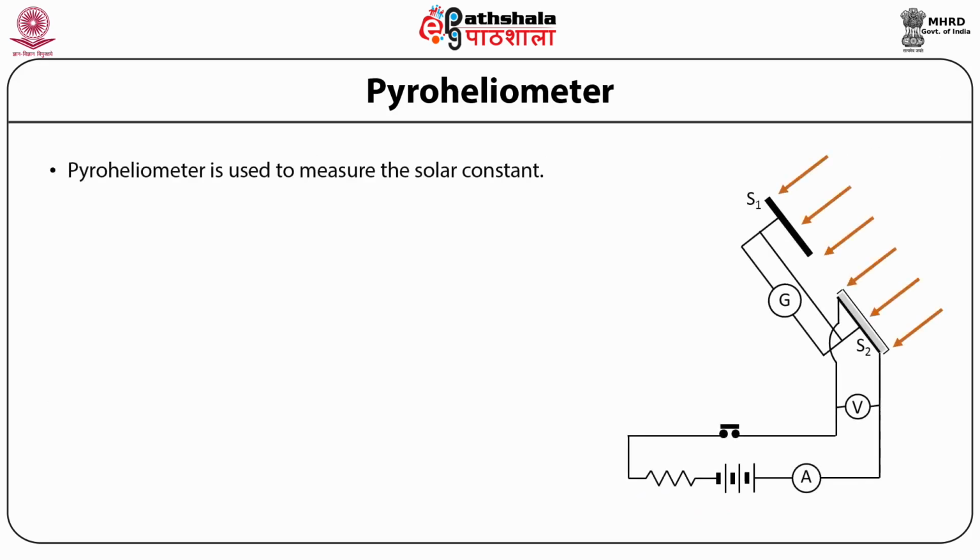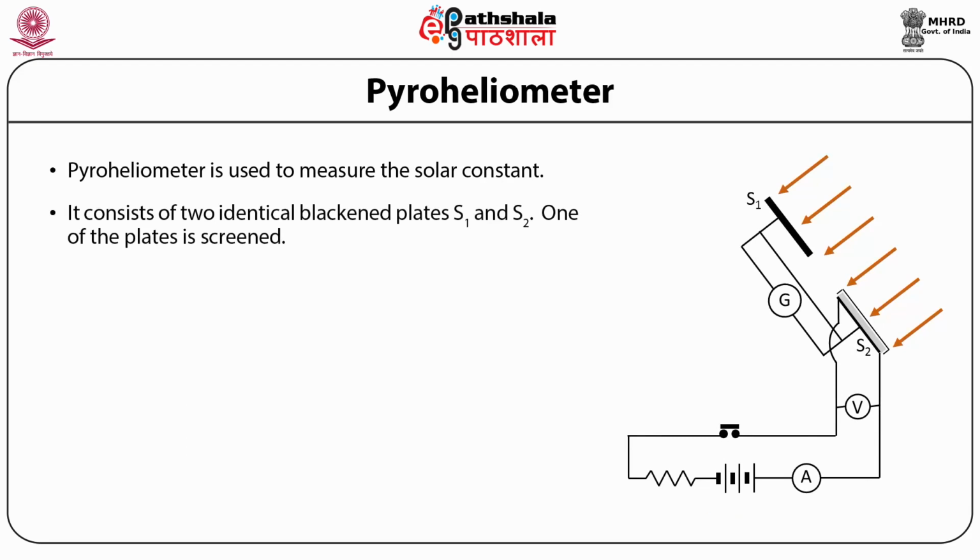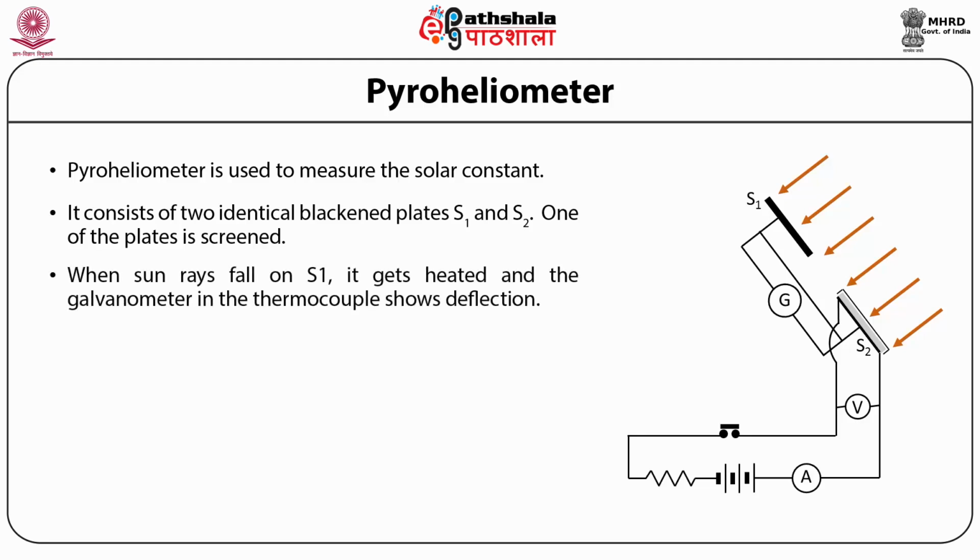Pyroheliometer. Pyroheliometer is used to measure the solar constant. It consists of two identical blackened plates S1 and S2. One of the plates is screened. When sun rays fall on S1, it gets heated and the galvanometer in the thermocouple shows deflection.